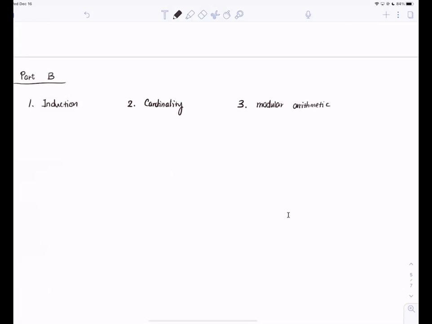Oh, and injective, bijective, surjective.